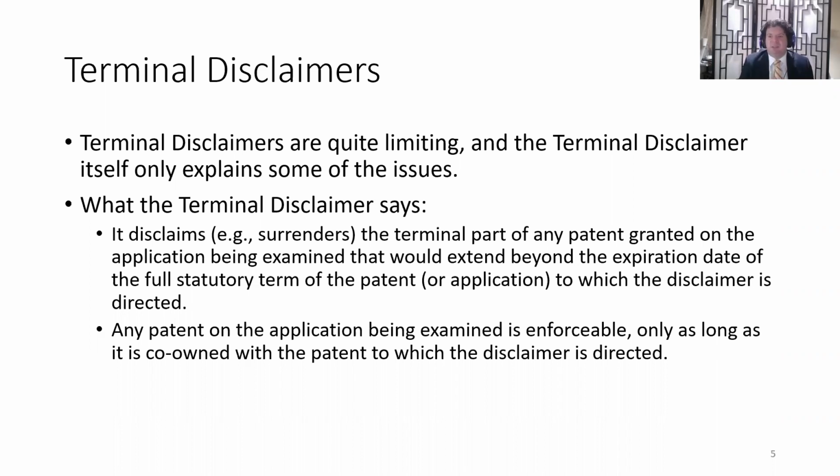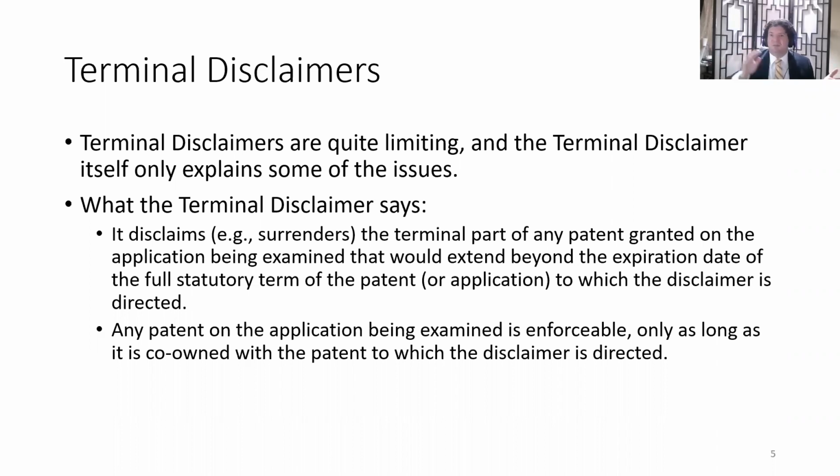So in a common scenario, a patentee files a continuation application on the day a parent patent issues. In this continuation application, the examiner issues a non-statutory double patenting rejection against the parent patent. Not always, but sometimes. And the terminal disclaimer prevents the patentee from resetting their patent term by filing continuation applications.